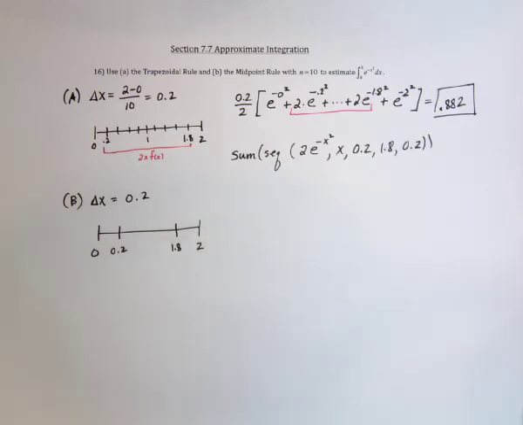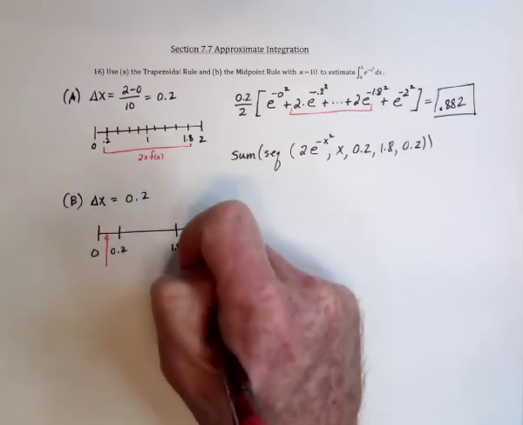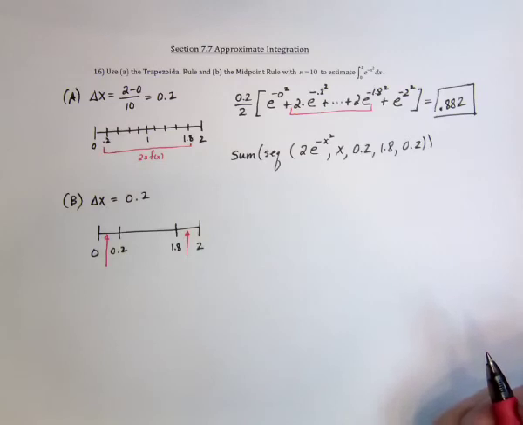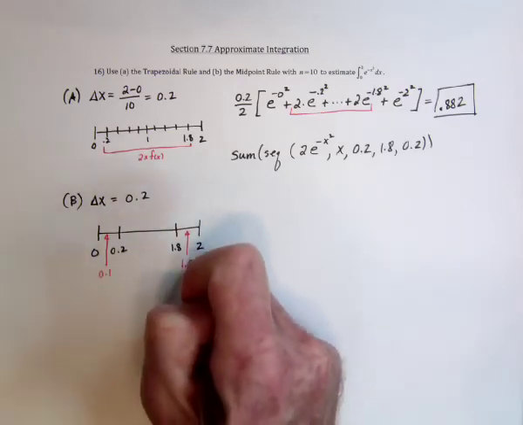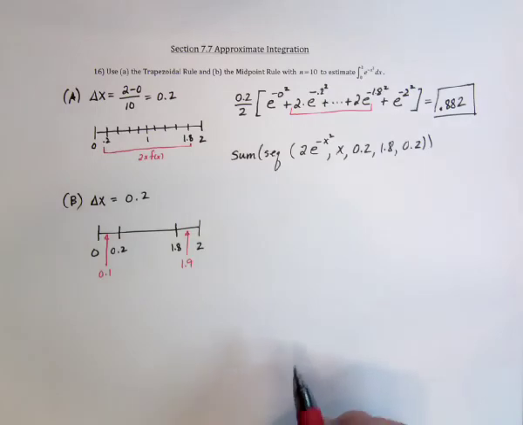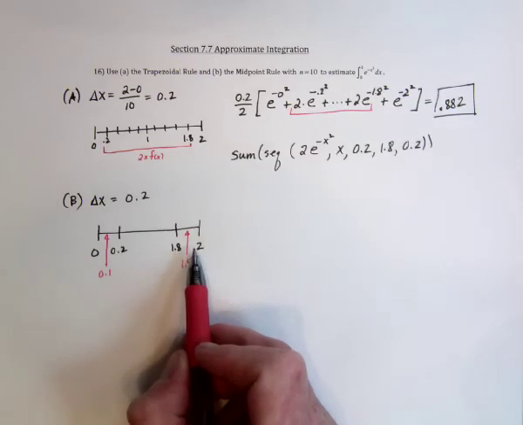And then with the midpoint rule, you need to know what's the midpoint here and what's the midpoint here. So between 0 and 0.2, the midpoint is 0.1, and this one is 1.9. If it's not this obvious, you can always just take these two numbers and average them.